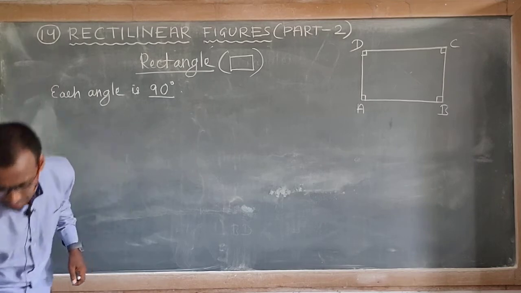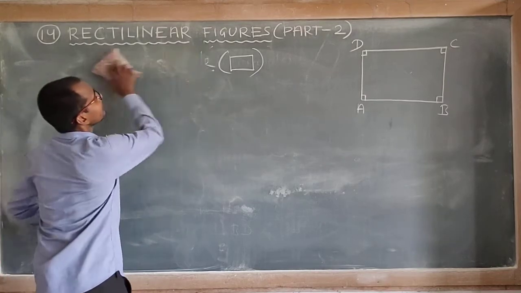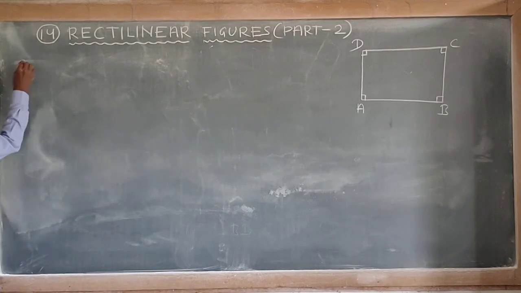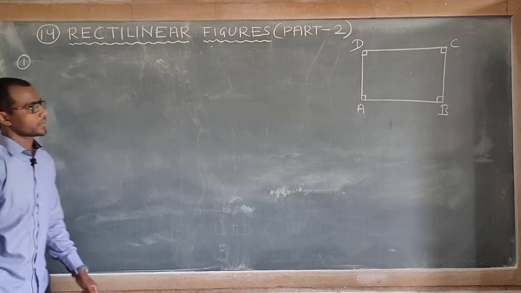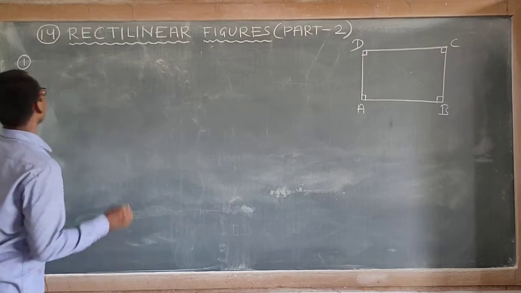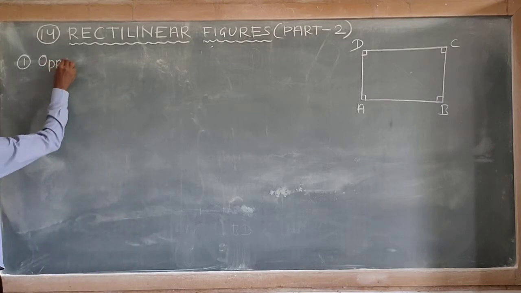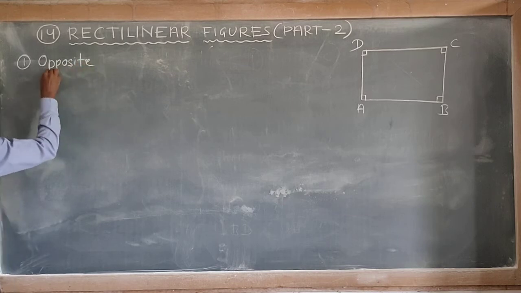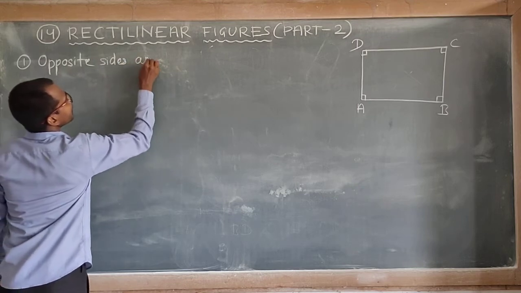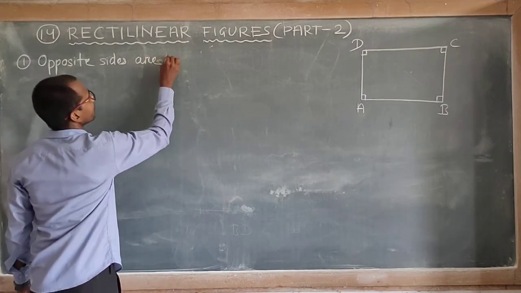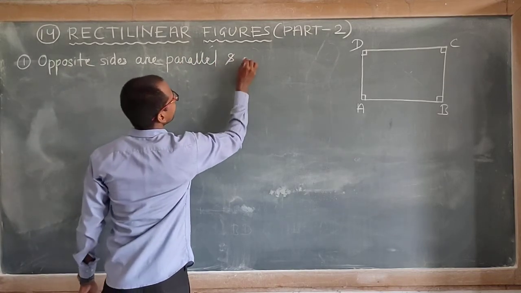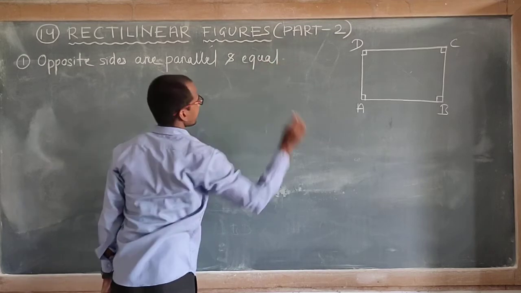Now we will go for the properties. The first property is about sides. Opposite sides are parallel and equal.